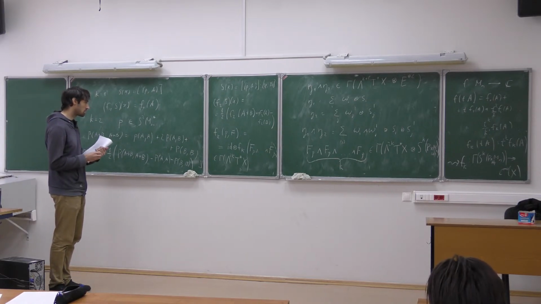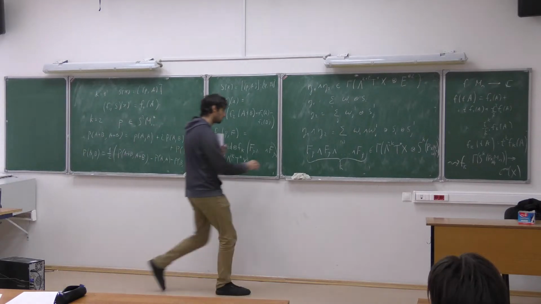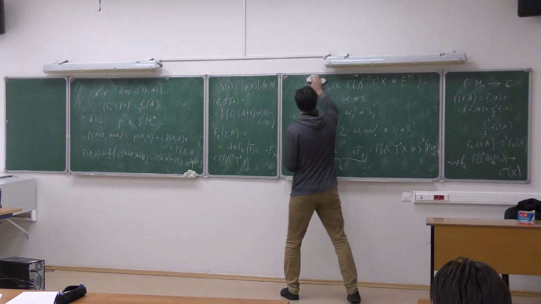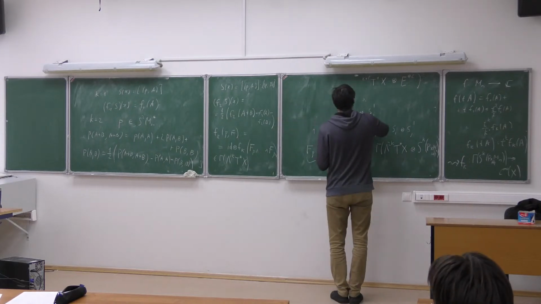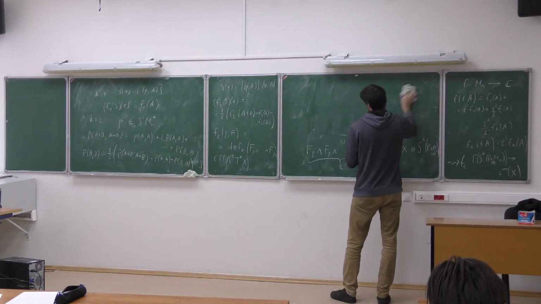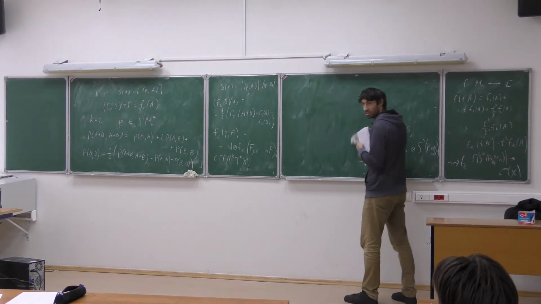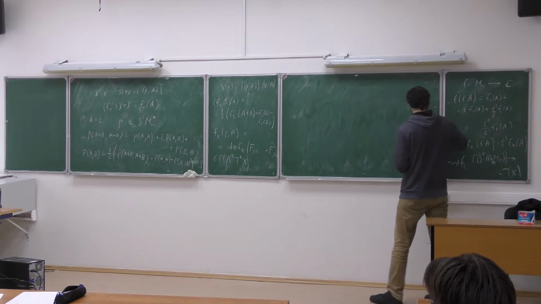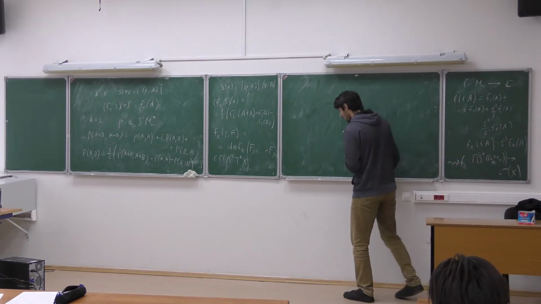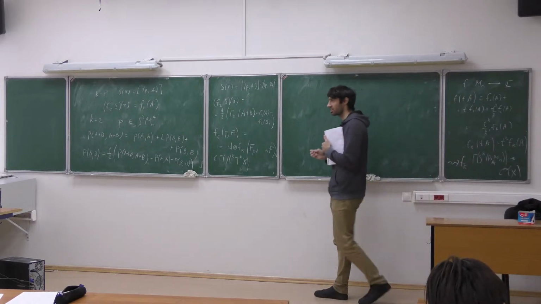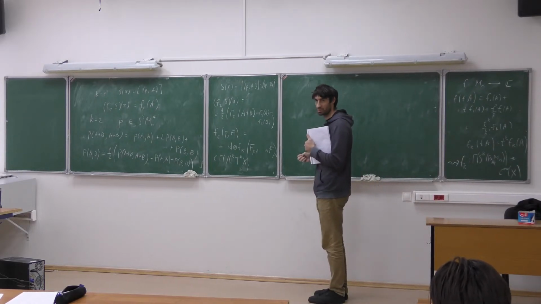And so now we can formulate the statement. First of all, this form is closed, and therefore it defines an element in cohomology. And second, this element does not depend on the connection.